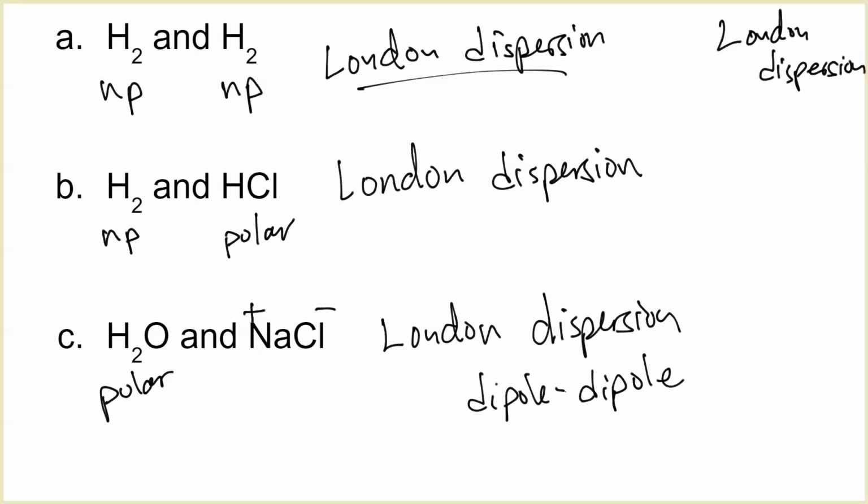So you draw a polar molecule next to another polar molecule. What's one of the interactions it will have? It will do hydrogen bonding, yep. And because it does hydrogen bonding, it will also do dipole-dipole and London dispersion. So if it does hydrogen bonding, it does all of them.